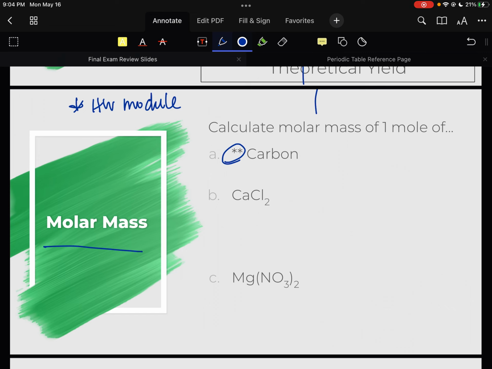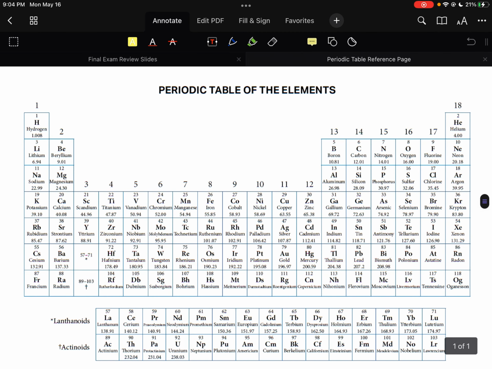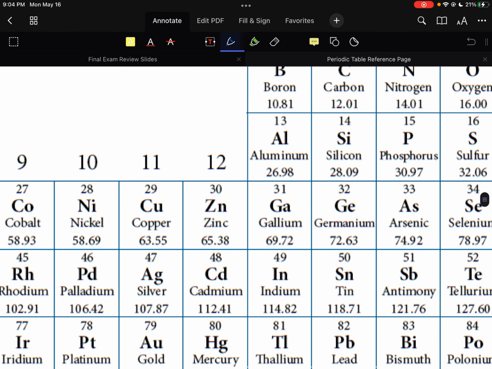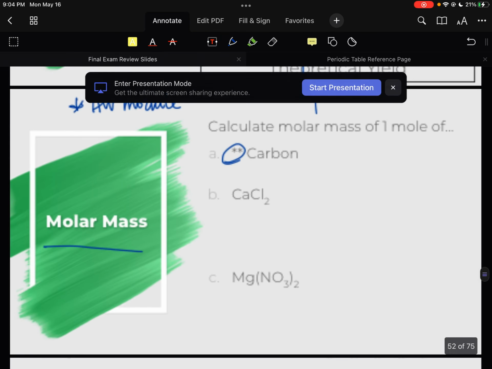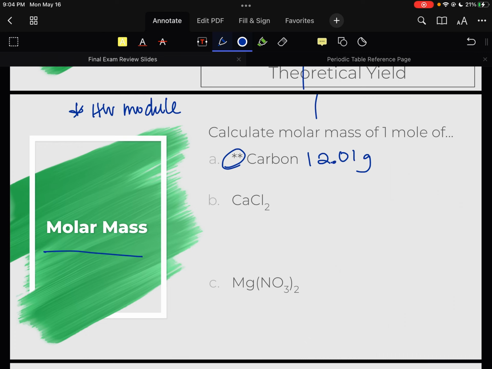So the first thing that we're looking at is molar mass, and I have a periodic table here to kind of help us answer these. So we get our molar mass by looking at the average atomic mass. So for example, carbon is the first one, so I'm just going to look at the mass there, and I can see that the average atomic mass is 12.01 grams.